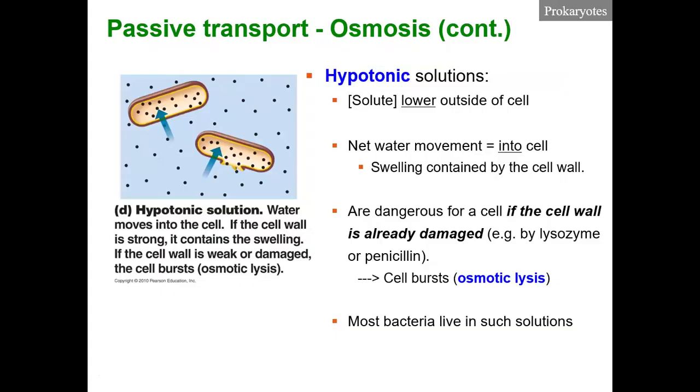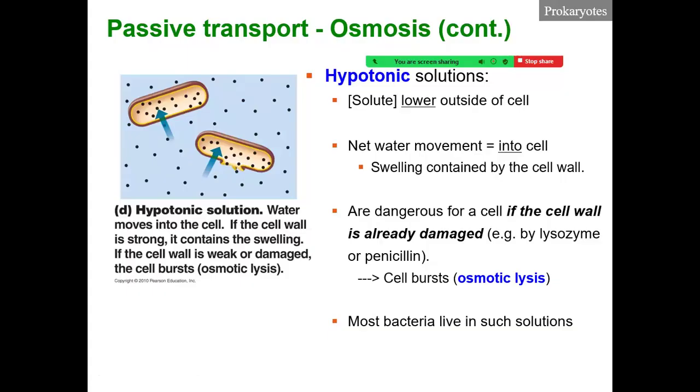Once the plasma membrane has come up to the cell wall, the plasma membrane cannot expand any further. That will limit water moving into the cell, because if the cell membrane cannot expand and a water molecule would try to move into the cell, there will be no position for the water molecule to move into the cell.